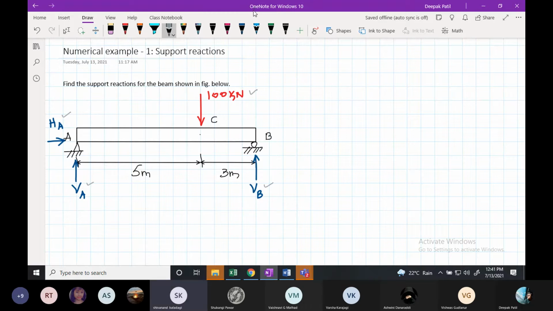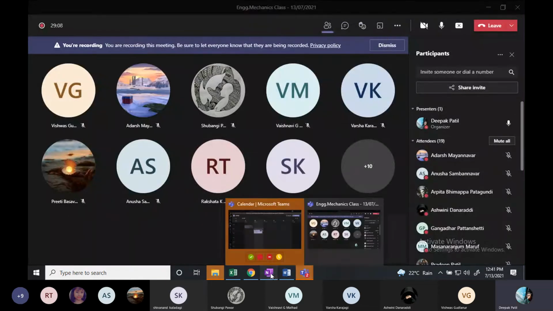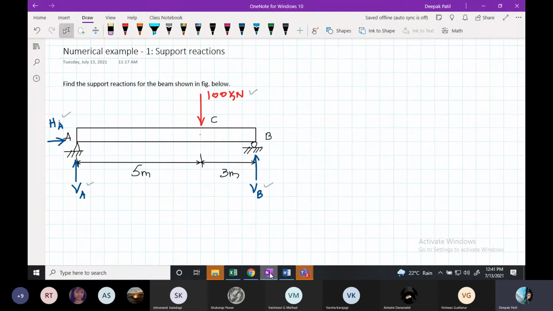Non-concurrent. Okay, how can you say it's a non-concurrent force? They come from different points, sir. Yes, a simple thing you can say is, if you extend the lines of action of all these forces, they will not meet at a common point. So I can say all of them are non-concurrent forces.